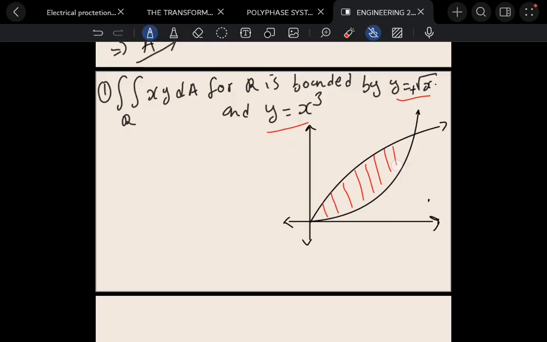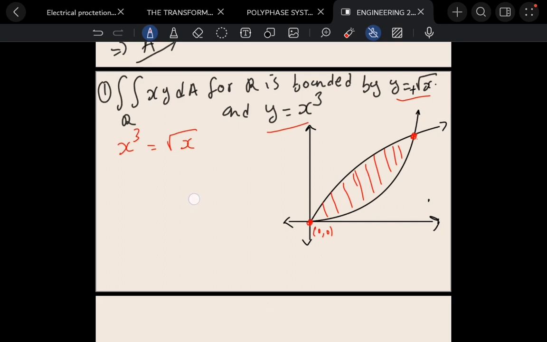Now, we know that they intersect at 0, 0, but what is the other point? To get that point, we need to equate the y's and solve for x. So I'm going to have x cubed equals the square root of x.